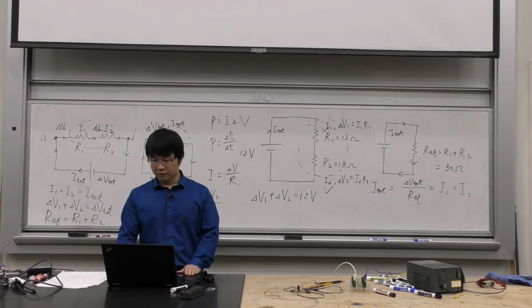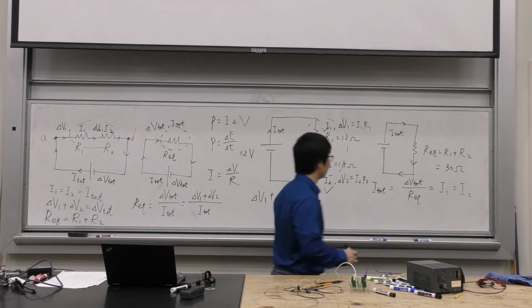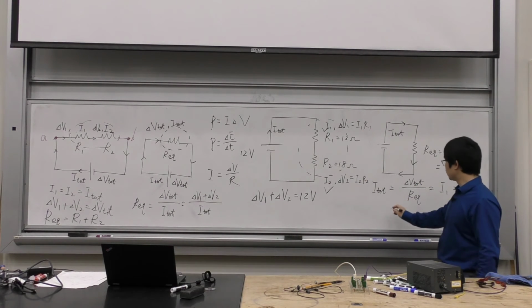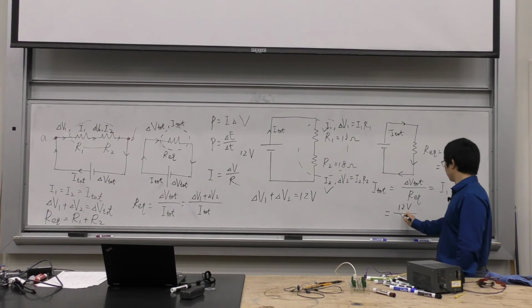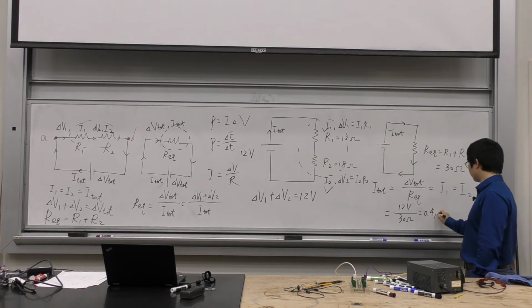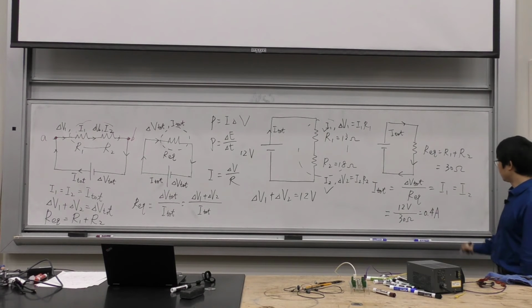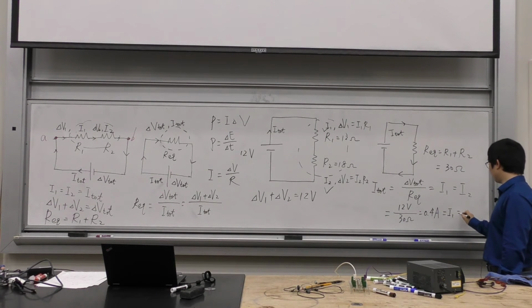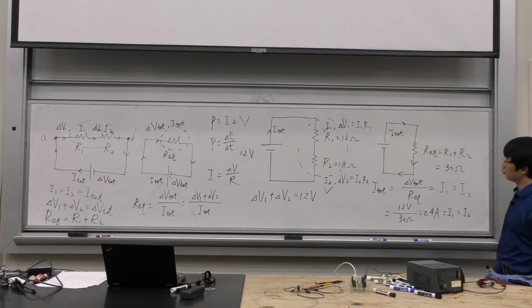So now you can pause the video and do the algebra, see if you can find these two powers. Okay, so let's see. The I total is going to be 12 volts over 30 ohms, so that's going to be 0.4 amps. That means I1 is going to be equal to 0.4, and I2 is going to be equal to 0.4.